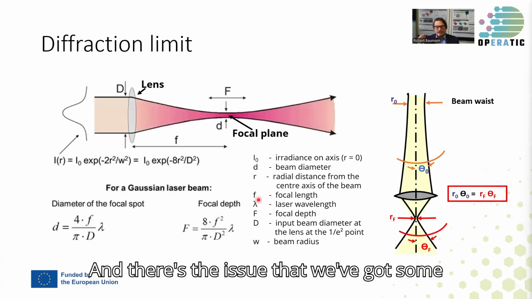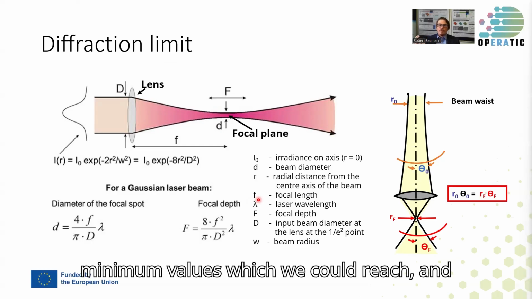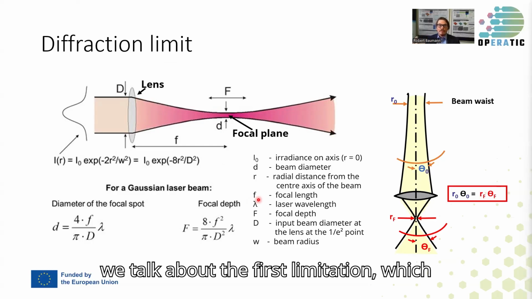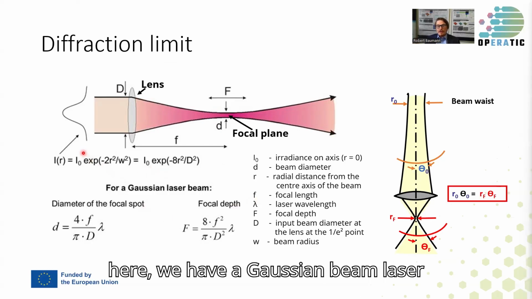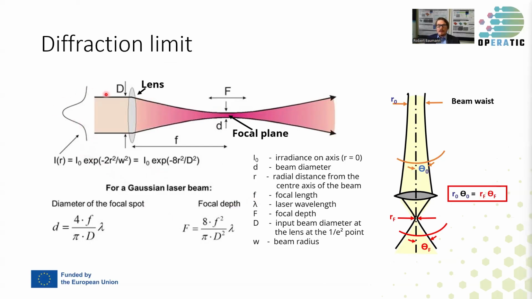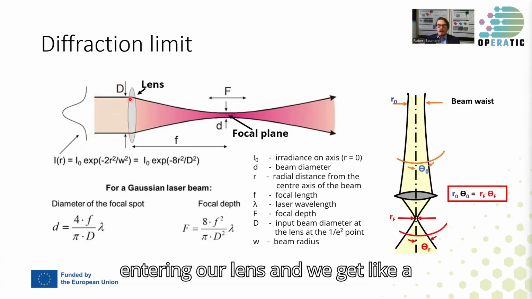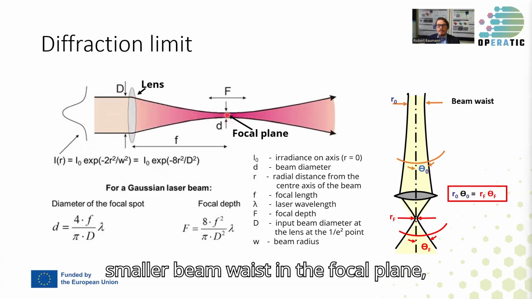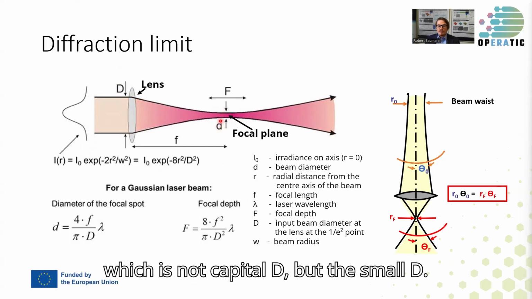And there's the issue that we have some limitations here. So there are some minimum values which we can reach, and we talk about the first limitation, which is diffraction. As you can see here, we have a Gaussian beam laser with a certain beam diameter D entering our lens, and we get a smaller beam waist in the focal plane, which is not capital D, but the small d.